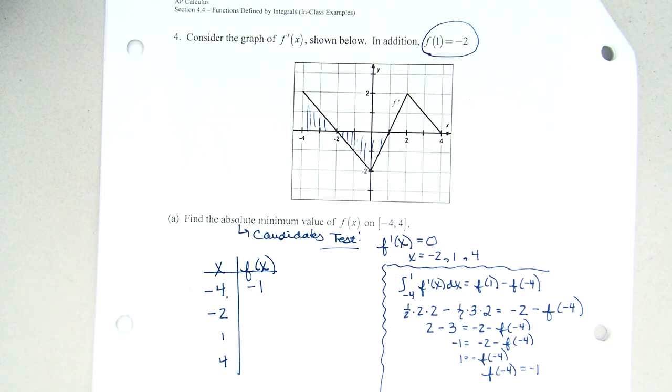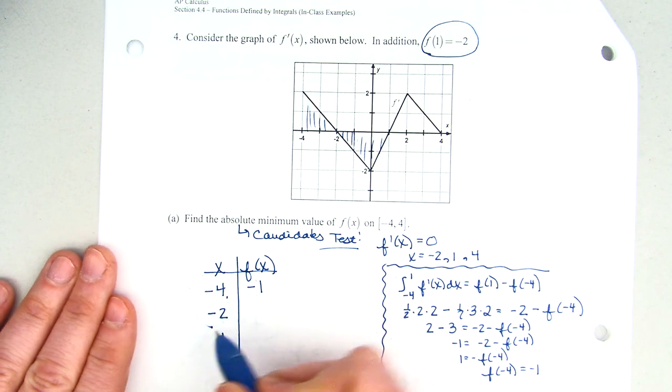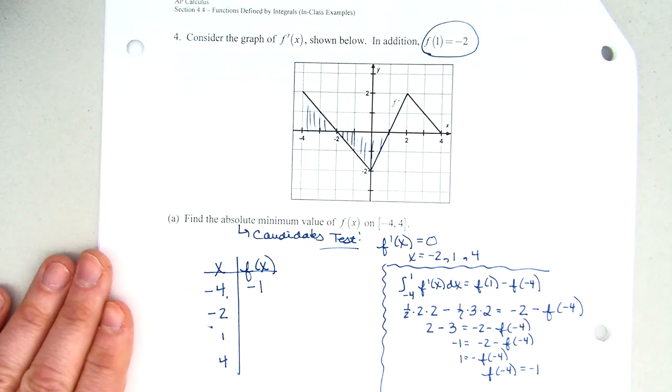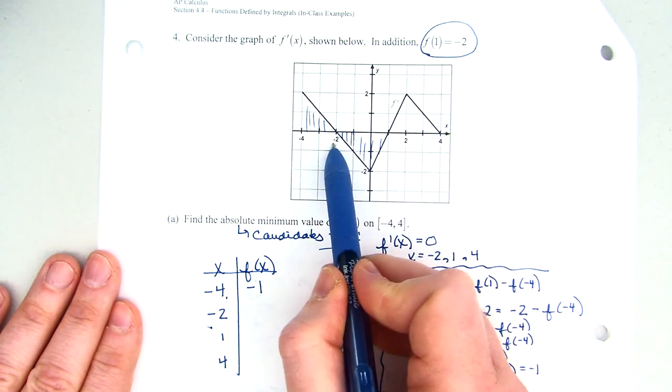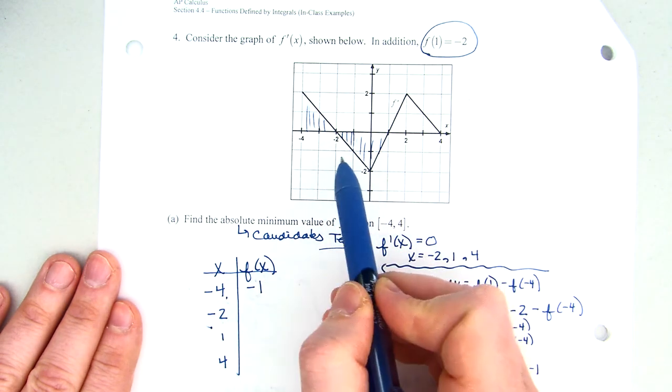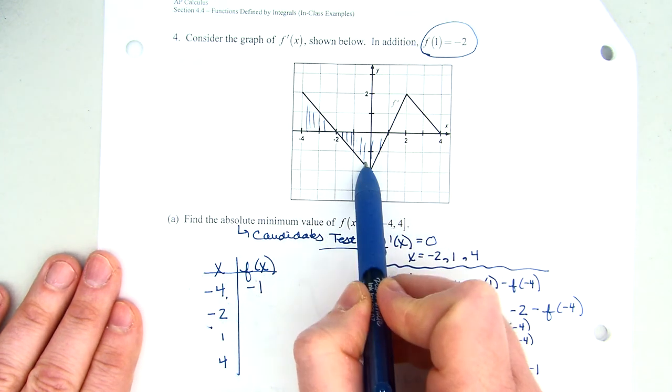Next, I can cheat a little bit. I'm looking for the absolute minimum. X equals negative 2. If I wanted you to find a relative minimum, well, at x equals negative 2, I think you'd have a relative maximum, because f prime is changing from positive to negative there.